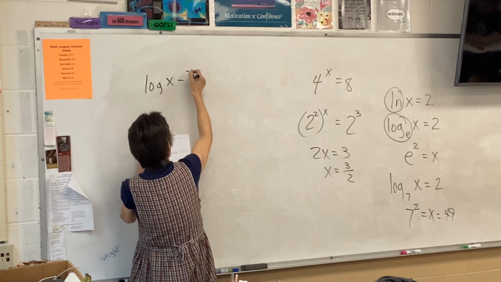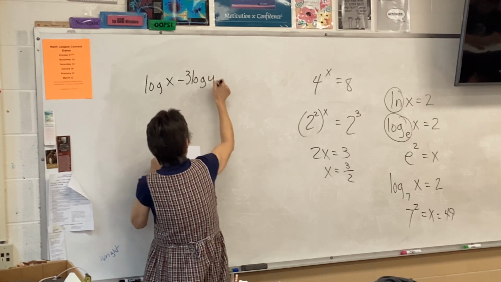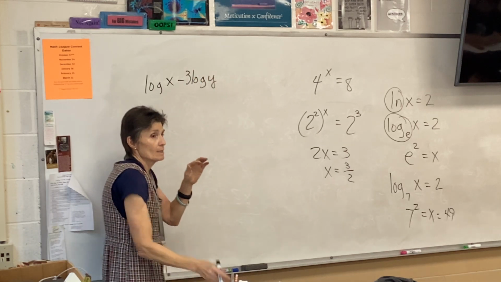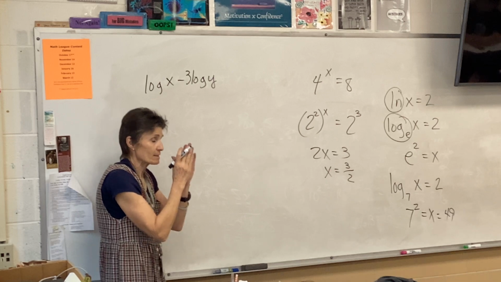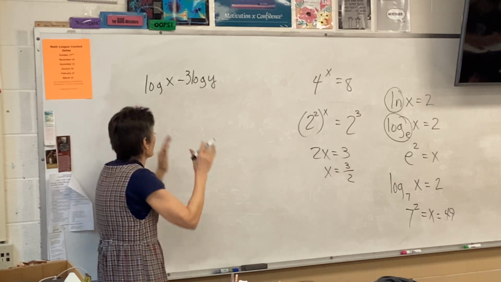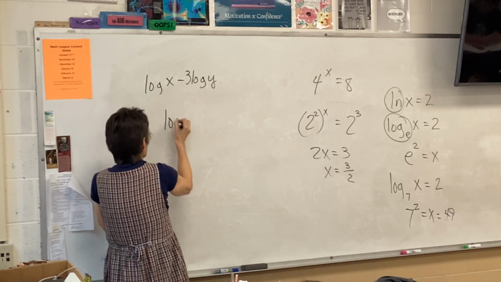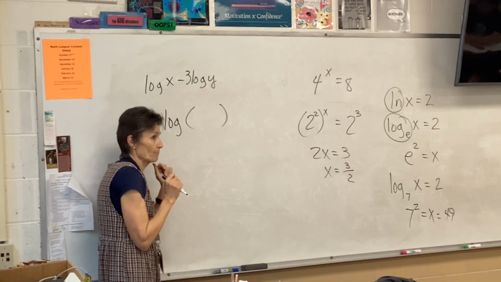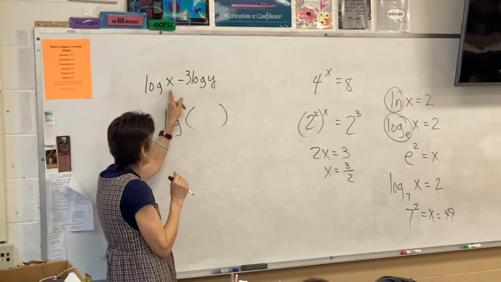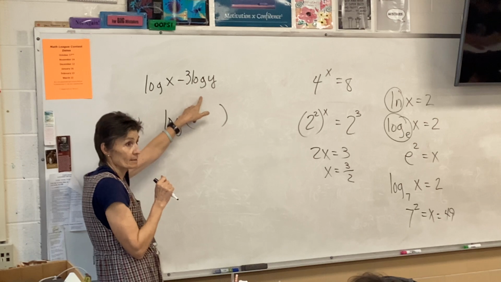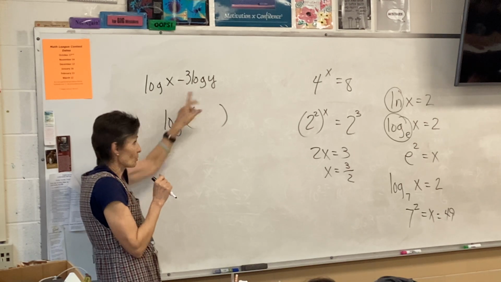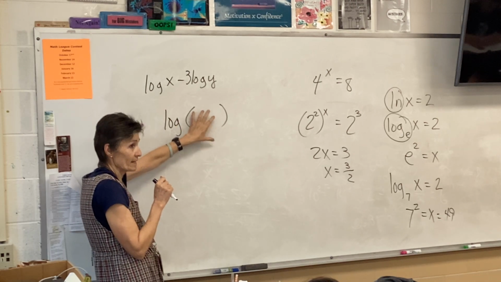These guys together. So again, we can't leave the logarithms out. When we're putting them together, we're gonna write log parentheses. And then we're gonna figure out what to put in the parentheses. So we have a log of one thing now.